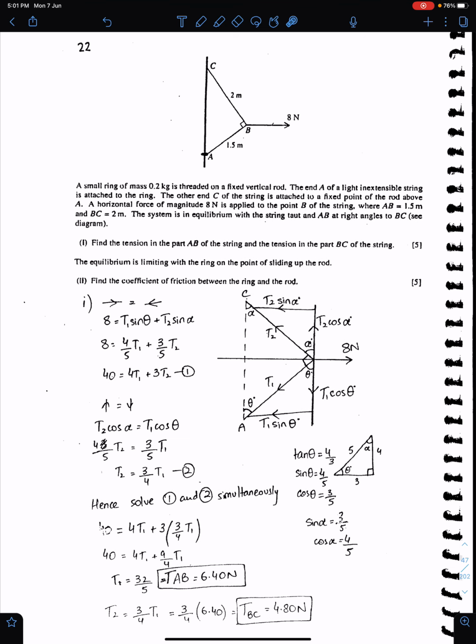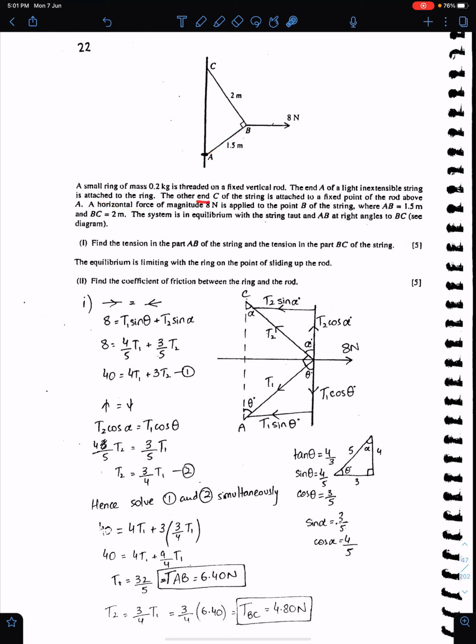And the example question is here. A small ring of mass 0.2 kg is threaded on a fixed vertical rod. This ring. The end A of a light inextensible string is attached to the ring.